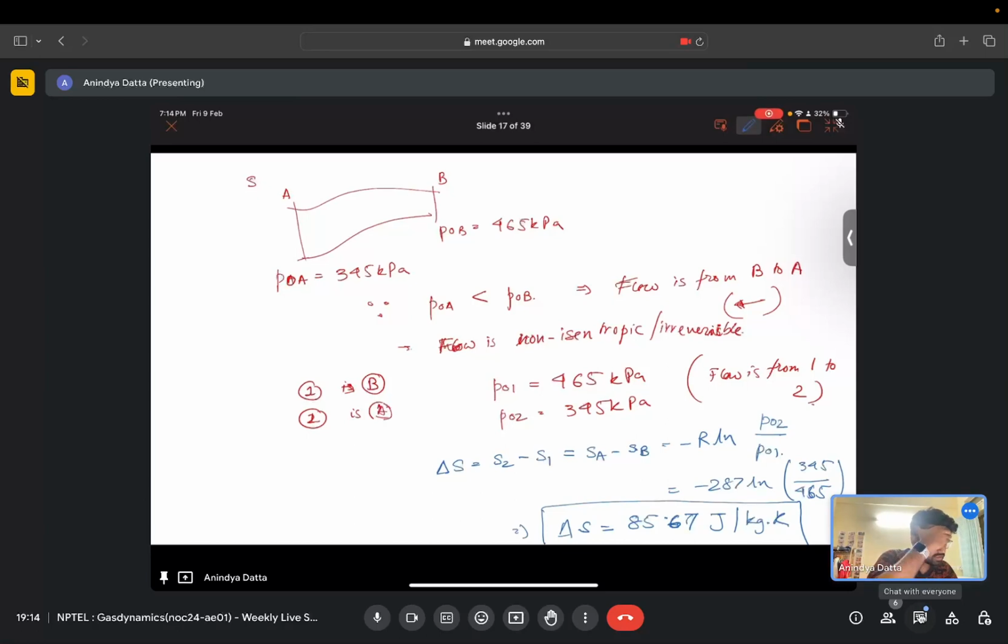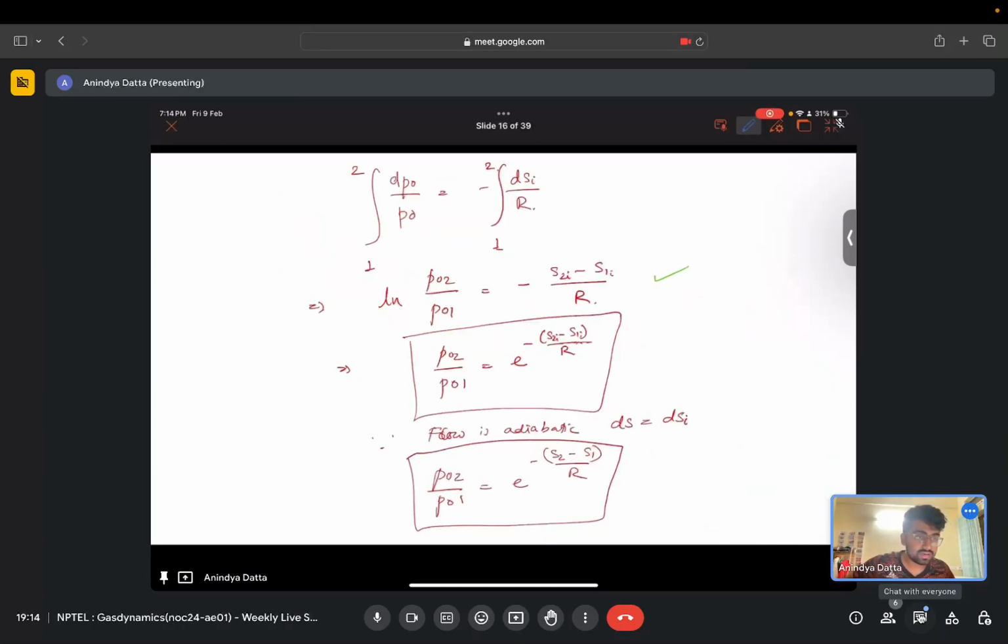Again, the important takeaway here is: if the flow is adiabatic and reversible, which means isentropic, both stagnation temperature and pressure will stay constant. If the flow is just adiabatic, stagnation temperature will stay constant. If the flow is irreversible, which means non-isentropic, the stagnation pressure will decrease.